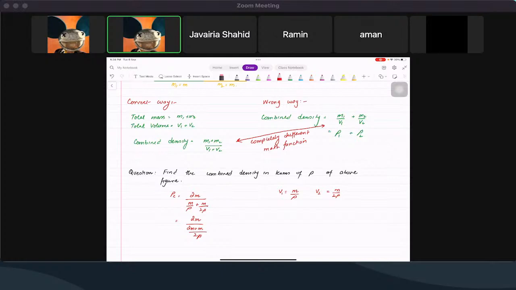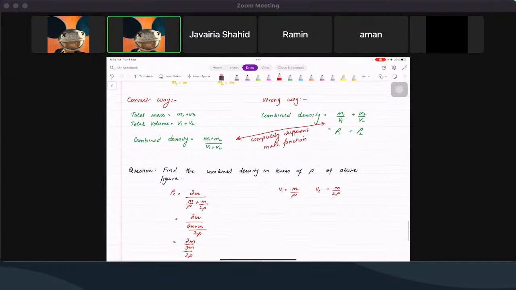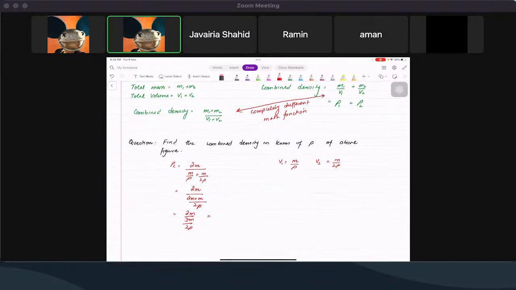M will cancel out, so it will be 3m over 2 rho, which basically comes out to be equal to 4 over 3 rho. That's the combined density. That's very good. Excellent job, everybody.